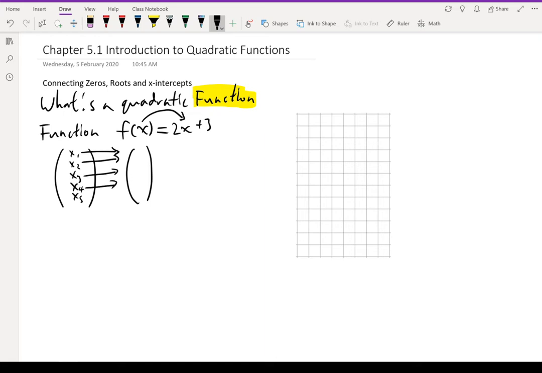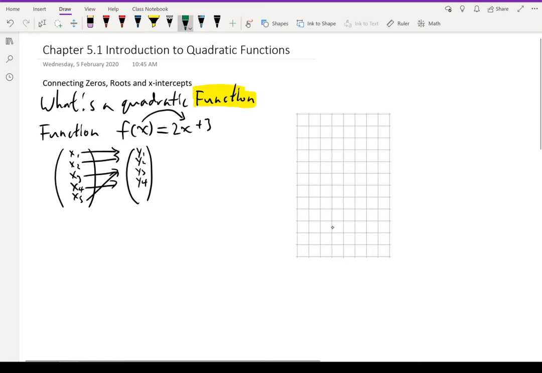Each one of these x values connects to one value of y. We can have two values of x that connect to one value of y. That also works: y1, y2, y3, y4. That's fine as long as each x has a corresponding y value.